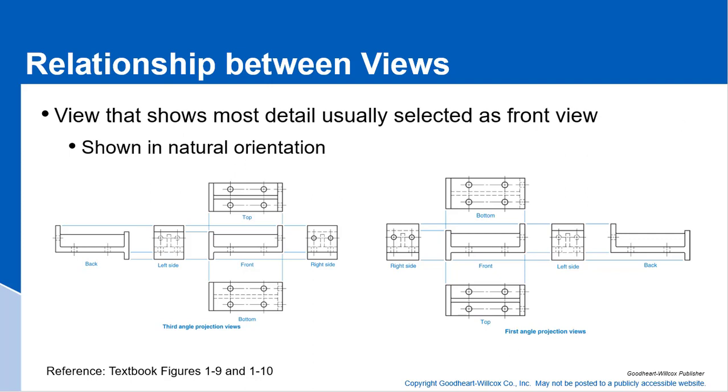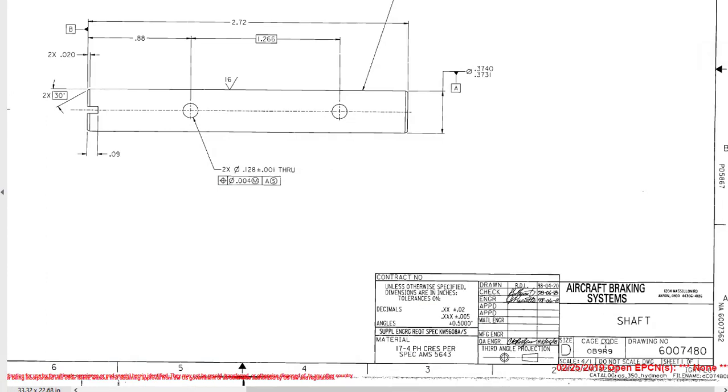Now you'll always have this designated on the drawing. Let me show you a drawing I brought in from work. Right here is the title block on one of our drawings. You'll see, unless otherwise specified, dimensions are in inches. We talked about that earlier, so I know all these dimensions are in units of inch.